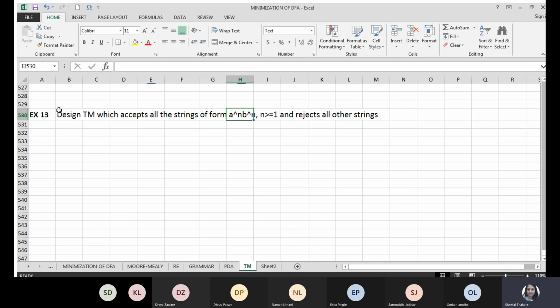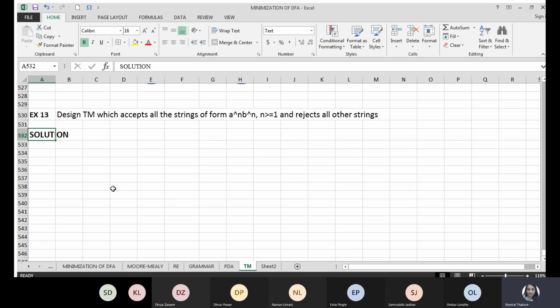For the same type of sum we have constructed PDA. So again I would like to repeat it one more time. Even if they are asking design TM which accepts a raised to n, b raised to n, 50% of the students will be giving the solution for PDA, because you can have a PDA for this as well as Turing machine. So while writing the solution, you should be clear whether the PDA is required to design or Turing machine.